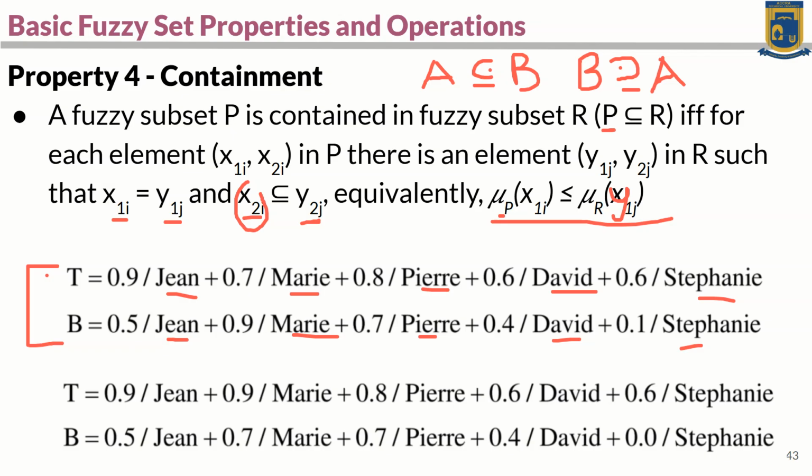Okay, I think B is containing T. B is containing T. Okay, who else? Caleb. Yes, sir. So Benedicta said B is containing T. What about you? What do you think?